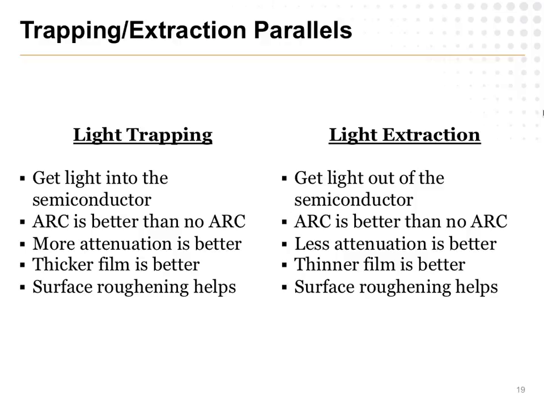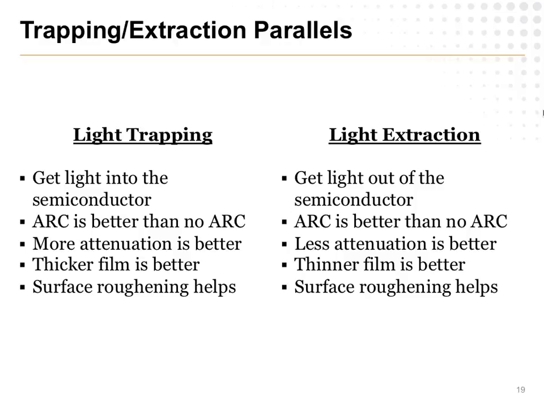So let's look at some parallels. Remember, last time we talked about light trapping, then we did light extraction, and they're the same, but they're different. With light trapping, at least with solar cells, the idea is to get light into a semiconductor. Then you have LEDs, and the idea is completely backwards: I'm creating light, and I want to get it out.